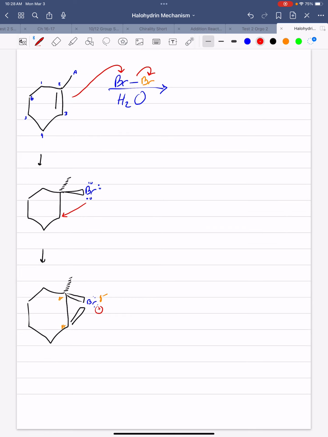So at this point in the reaction, our water molecule is going to come in and attack carbon 2. So let's draw that nucleophilic attack. So that's going to be too many bonds coming out of carbon 2. Someone has to go. Bromine says, I'll take my 2 bonding electrons back like this. And then you're going to have this molecule here.